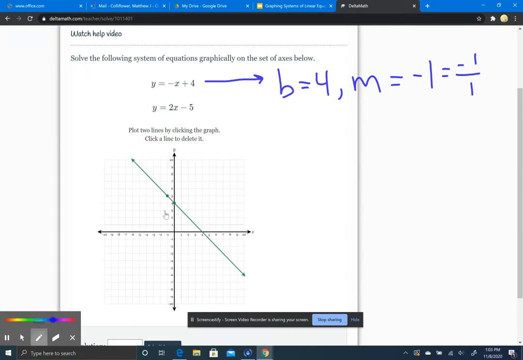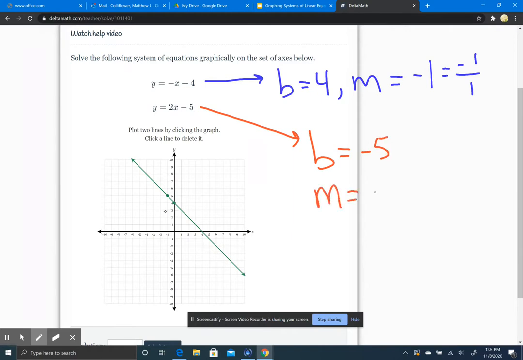Now, going to graph this second line, and in the second line, my y-intercept is -5, and my slope is 2, which can be written as 2 over 1. And so when I graph this, I'm going to first start by graphing the y-intercept of -5, and then doing my rise and run. So my rise is +2, and my run is 1.